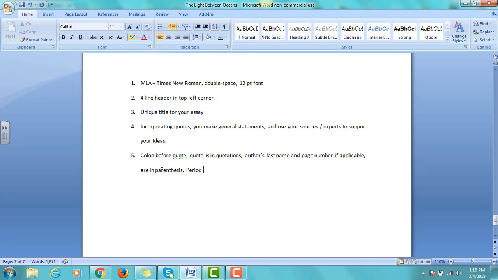And then the period at the end of the sentence goes after the parentheses. So that's how you should always format your quotes when you bring them in to support your statements when writing in MLA. So you don't want to paraphrase. And you always want to write complete sentences to introduce your quotes.